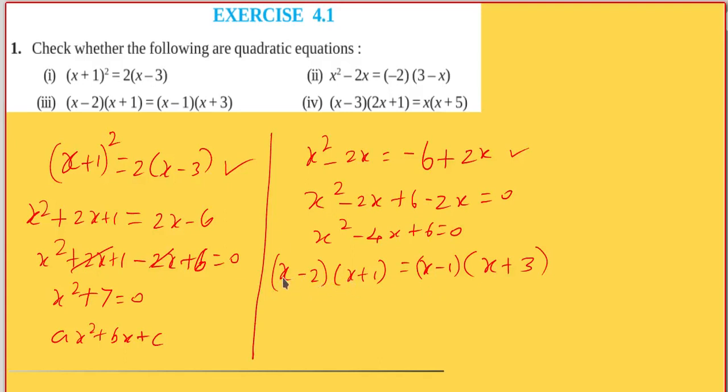These two if you multiply, we will get x square minus 2x plus x minus 2, and here x square minus x plus 3x minus 3. Now let us bring everything to one side. x square minus 2x plus x, which becomes minus 1x, and this is minus 2.